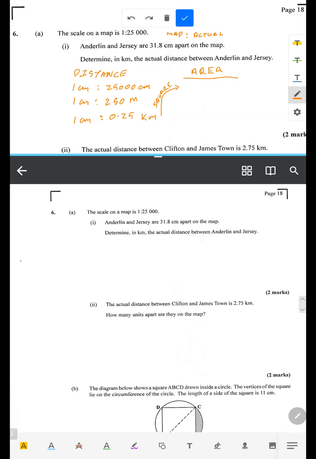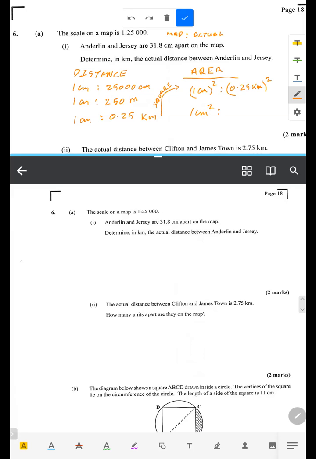And what will happen, you will get 1 centimeter squared to 0.25 kilometers squared. You square both sides of the ratio. Right? Because 1 centimeter times 1 centimeter, multiply the next side by 0.25 kilometers times 0.25 kilometers, and so it will come out to that for 1 centimeter squared of area on the map.